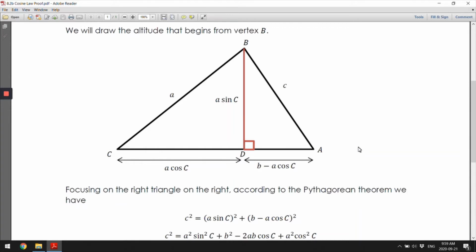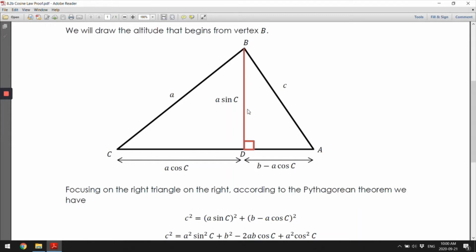Two right triangles. Very nice, because if you have right triangles, then you can use the sine ratio, the cosine ratio, the tangent ratio. And speaking of the sine ratio, we can use that to help us express the length of the altitude from vertex B, because sine of angle C is the length of the altitude from vertex B over A, opposite over hypotenuse.